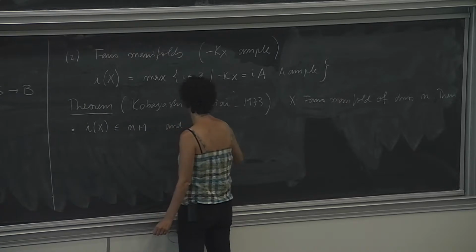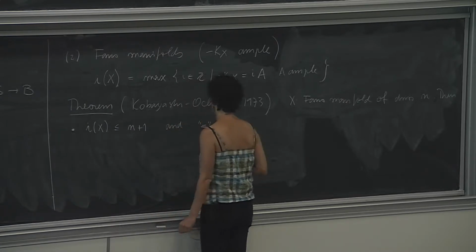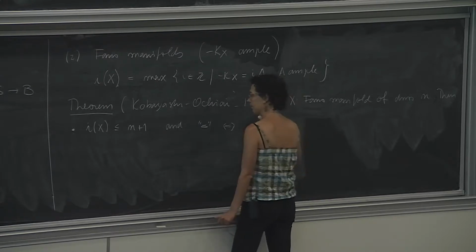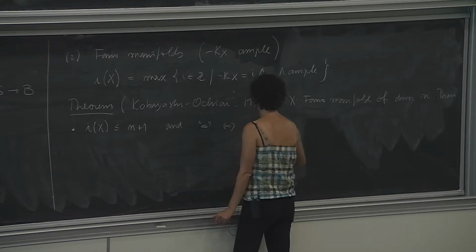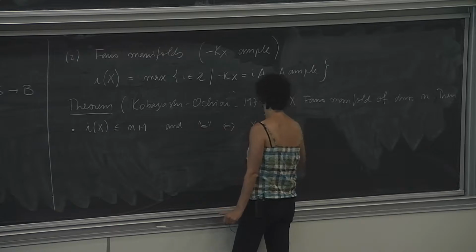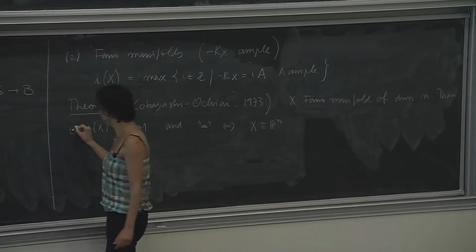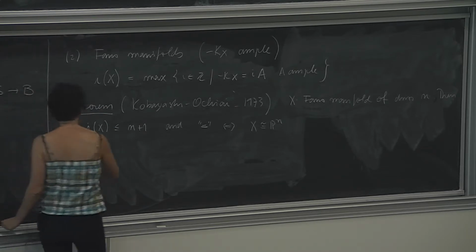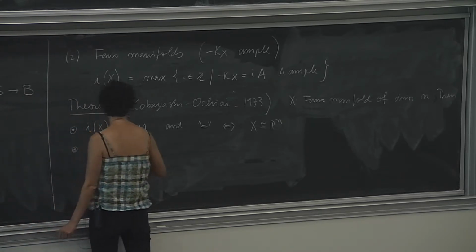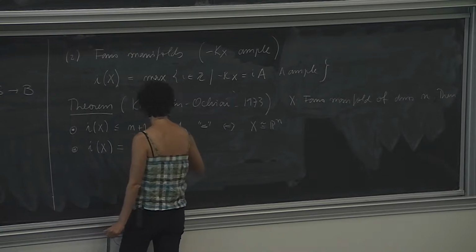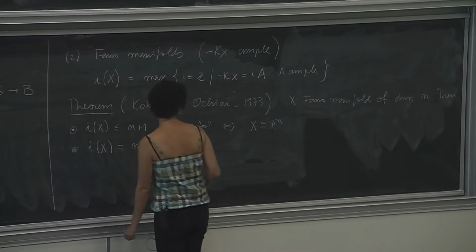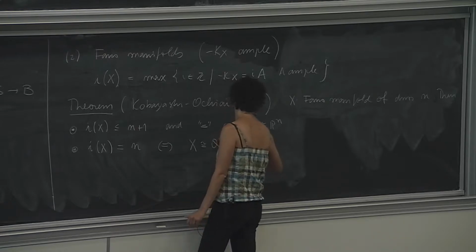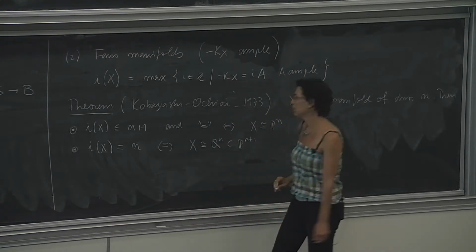Equality holds if and only if X is P^n. They also classify the next case: the index of X is equal to n if and only if X is isomorphic to a quadric hypersurface in P^(n+1).